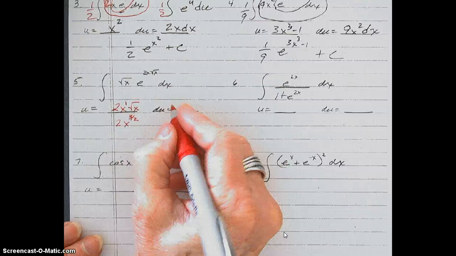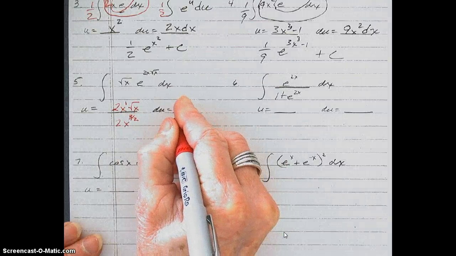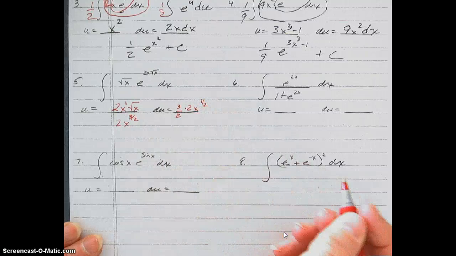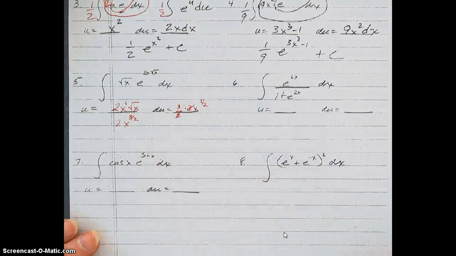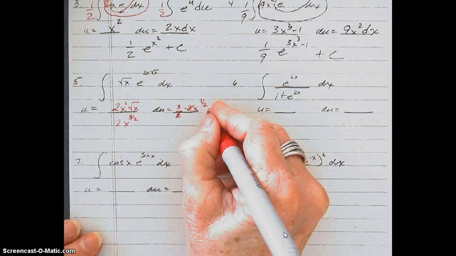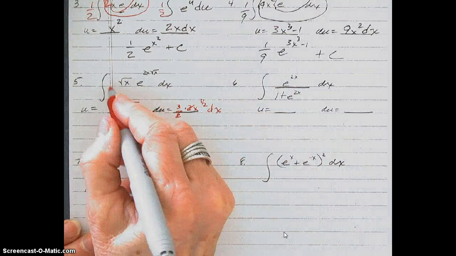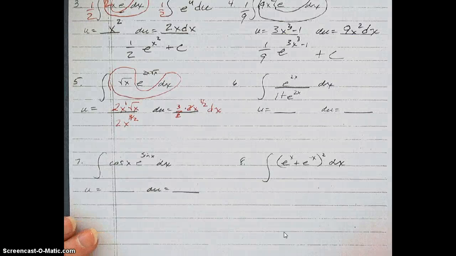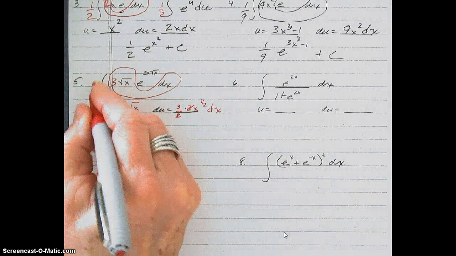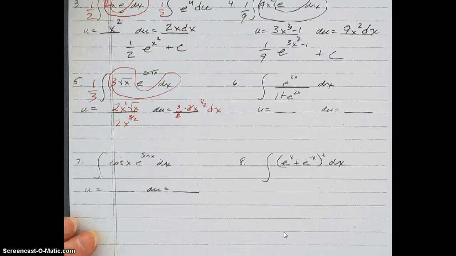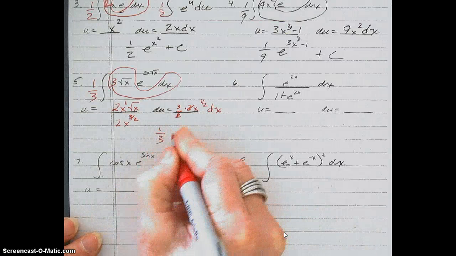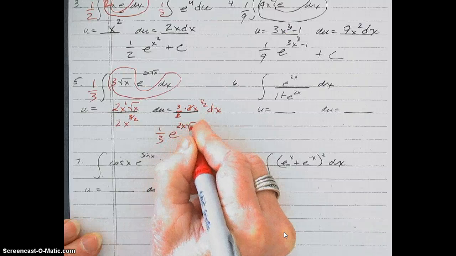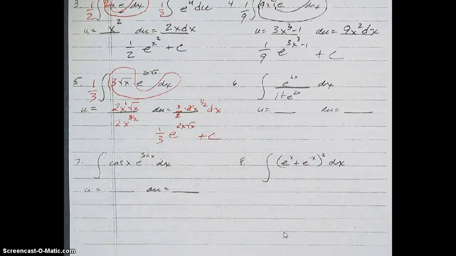The derivative of that is bring down the power, 3/2 times 2x to the 1/2 power. So we have 3x to the 1/2 dx. Oh, it looks like we almost have that. We need a 3 on the inside, so we'll put a 1/3 on the outside. 1/3 e to the u plus c.